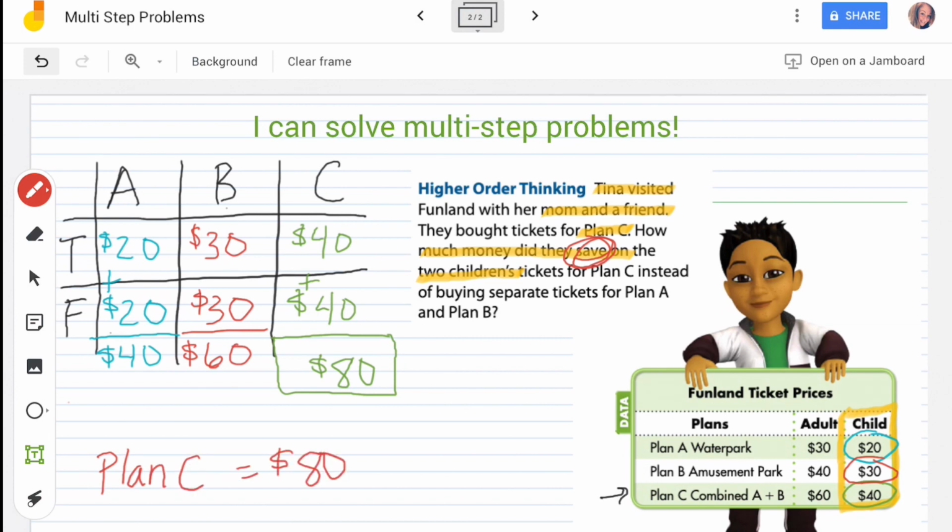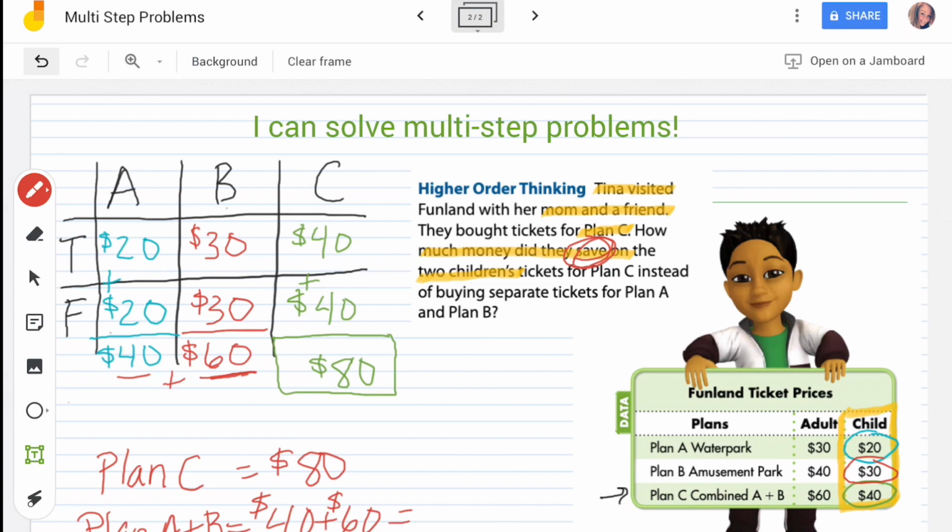Okay, well, we know that Plan C cost $80. We also know that Plan A was $40 and Plan B was $60. If I want to know combined what Plan A and Plan B cost together, I need to add those 2. 40 plus 60, Plan A and B equals $40 plus $60.